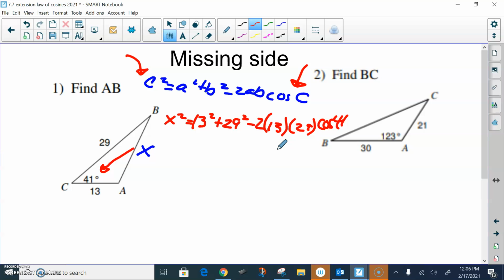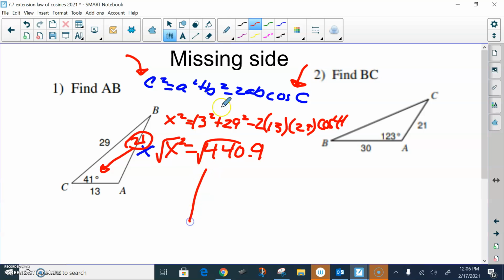And that tells me that x squared, or c squared if you like, equals 440.9, we'll say. And then now, of course, we have to square root both sides. So I'll say second square root 440.9, and it tells me my missing side is about 21 units, okay, which seems like a reasonable answer if that side's 29 and this side is 13.